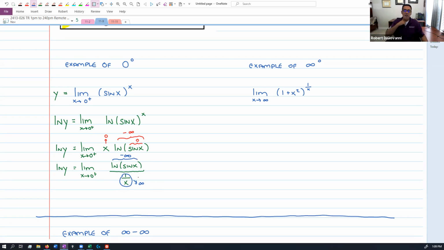So we have finally converted something that started off looking like 0 to the 0 into something that looks like infinity over infinity. And so we can use L'Hopital's rule. That's the standard procedure for anything that looks like 0 to the 0: log on both sides, drop the power out, drop one down. You should get infinity over infinity or 0 over 0, L'Hopital, and then get an answer.